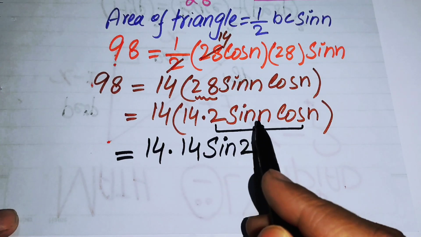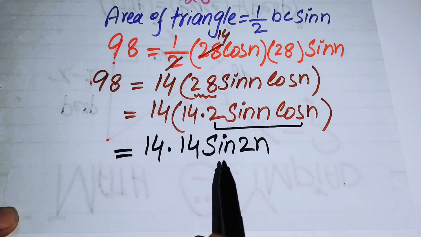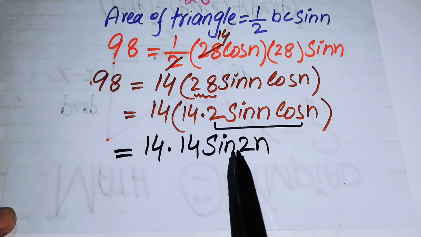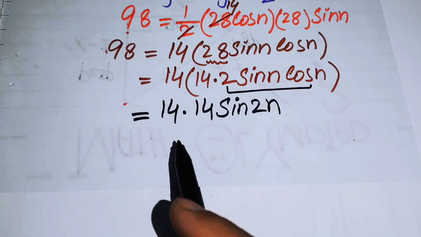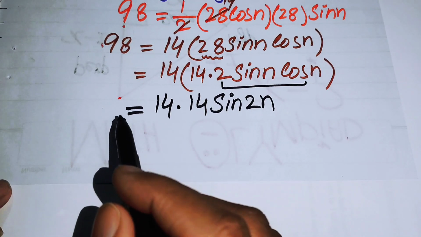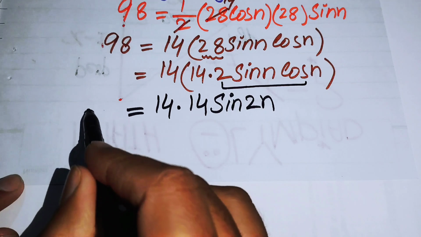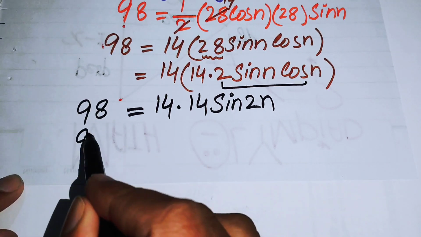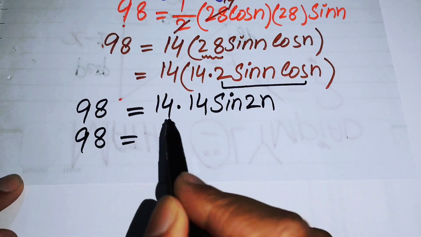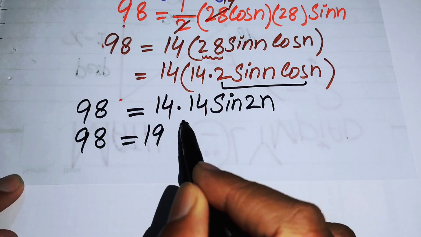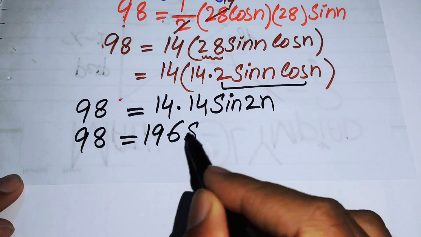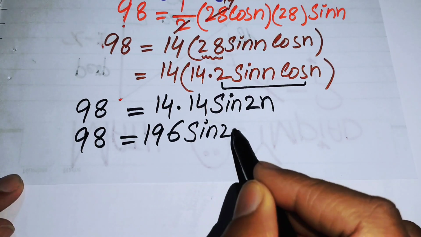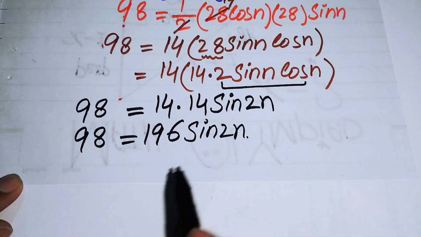Now multiplying 14 times 14, on the left hand side we have 98 equals 196 times the sine of the angle 2n.